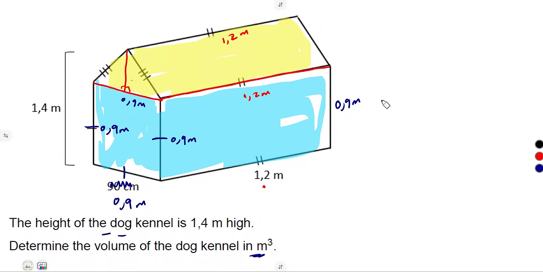These formulas are easy. Volume is simply base area times the height. For the rectangular prism below, we have a square base.